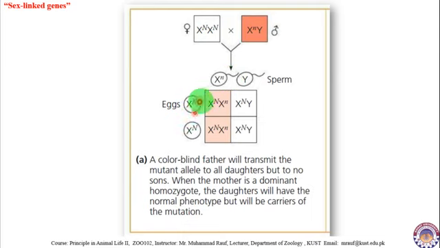Then we perform a cross, and the outcome is that the females will be carriers, whereas the males, if they receive the normal copy, will be normal. If the mother has both normal copies, it will not affect the males because the father only transfers the Y chromosome to the sons.